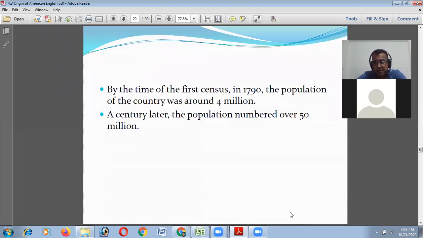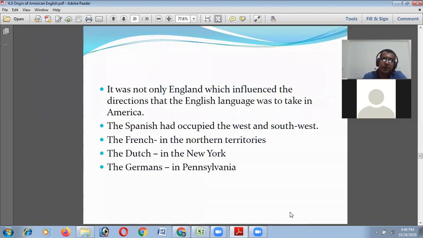So after getting independence, many people from all around the world immigrated to America. It was not only English that influenced the direction the English language was to take in America.